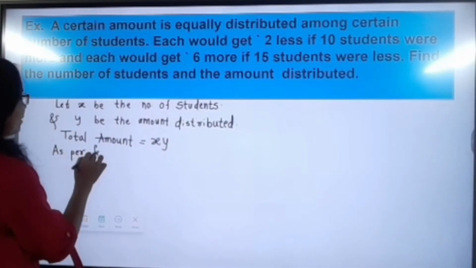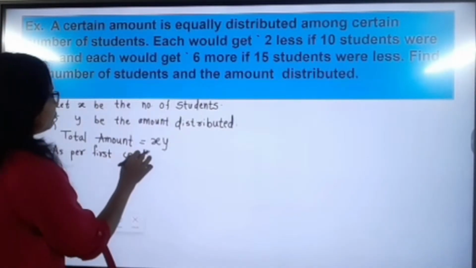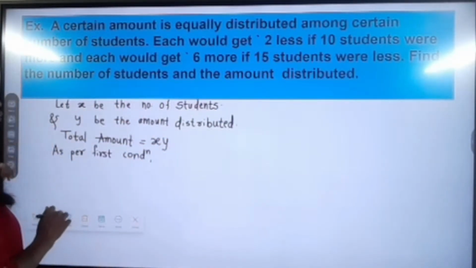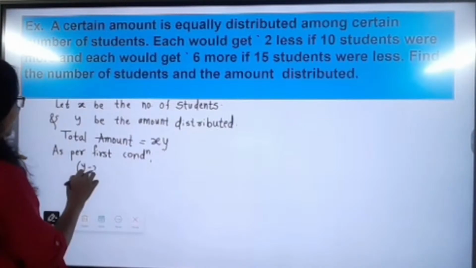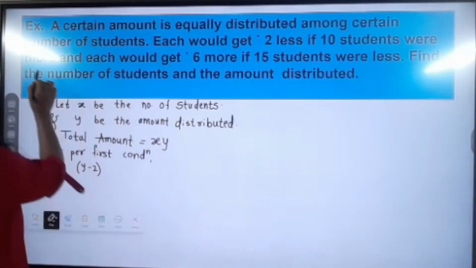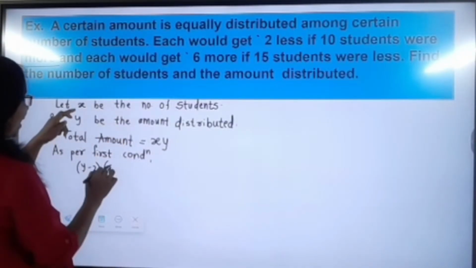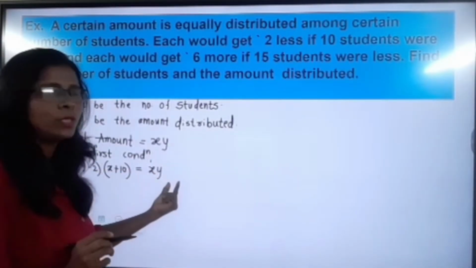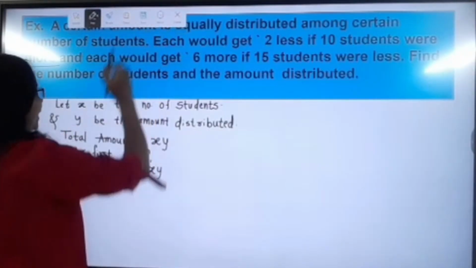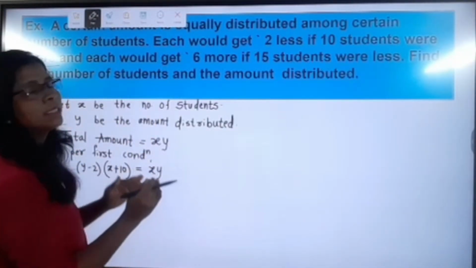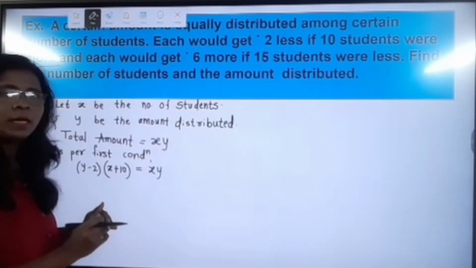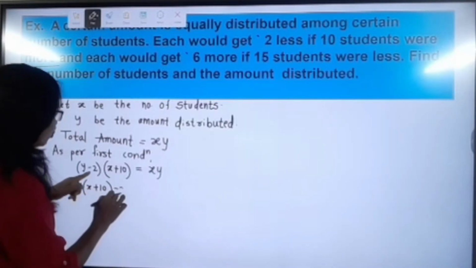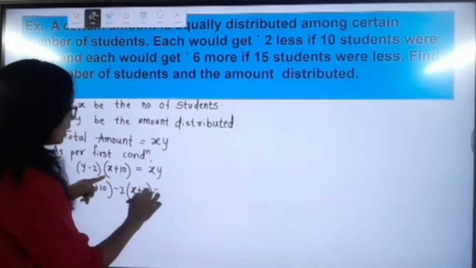As per the first condition, each would get rupees 2 less, that means y minus 2, if 10 students were more, that means x plus 10, which is always equal to xy. So I solve it: y multiplied by x plus 10, minus 2 multiplied by x plus 10, is equal to xy.